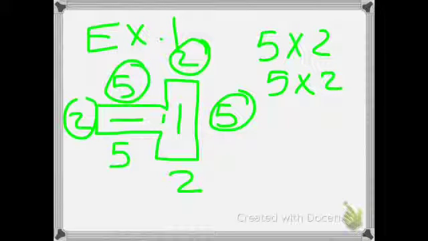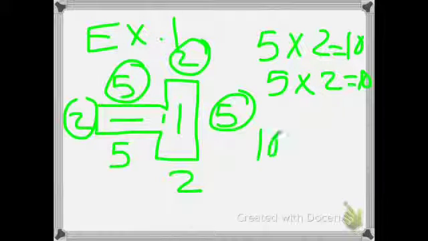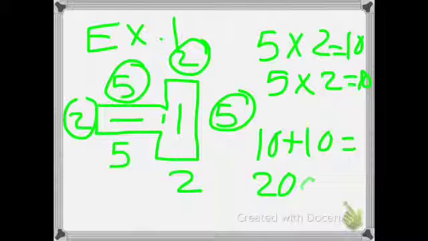And then you would do 5 times 2 equals 10, and 5 times 2 equals 10, and then 10 plus 10 equals 20 cm squared would be your answer.